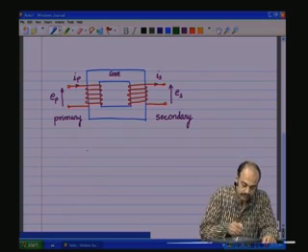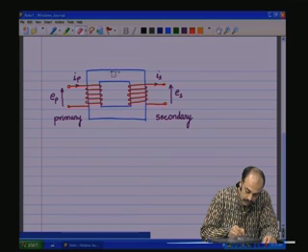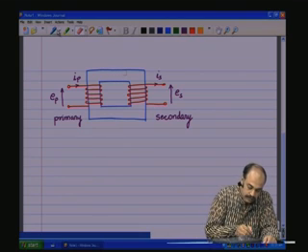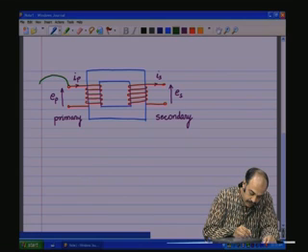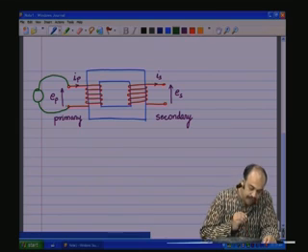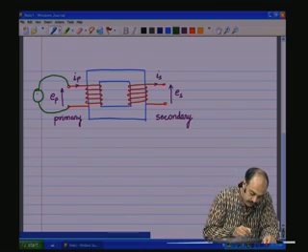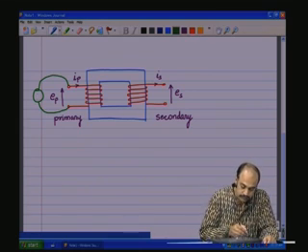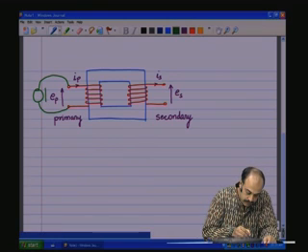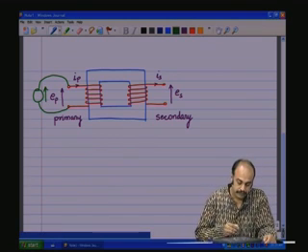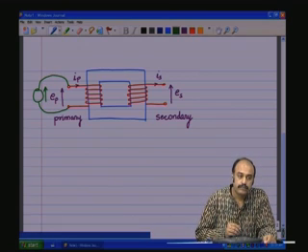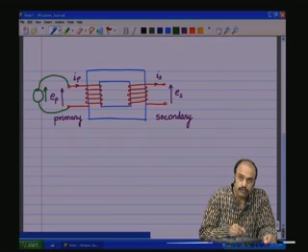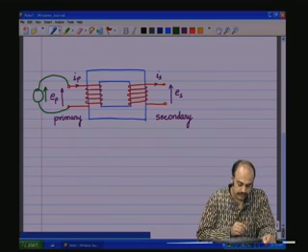Now, let us say that there is some voltage which is going to be applied here. So, a voltage is applied here, EP or V primary. This voltage source, once it is applied, is going to cause a current IP to flow through the primary coils.